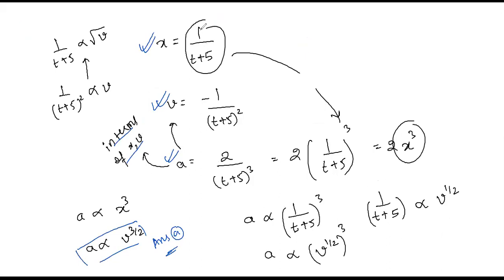All we did was just see 1 upon (t plus 5), how much is it equal to, or what is it proportional to? So 1 upon (t plus 5) is proportional to x. In a similar manner, 1 upon (t plus 5) whole square is proportional to v. Therefore, 1 upon (t plus 5) is proportional to v power 1 by 2 or root of v. All you did was just that, substitute it here, and you get the right expressions, right?